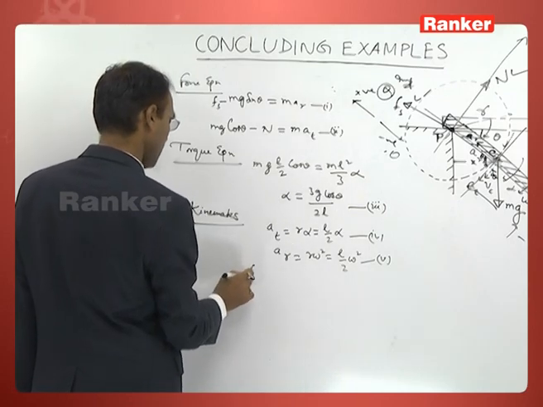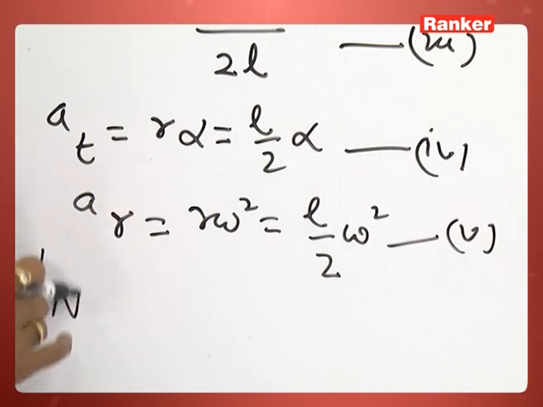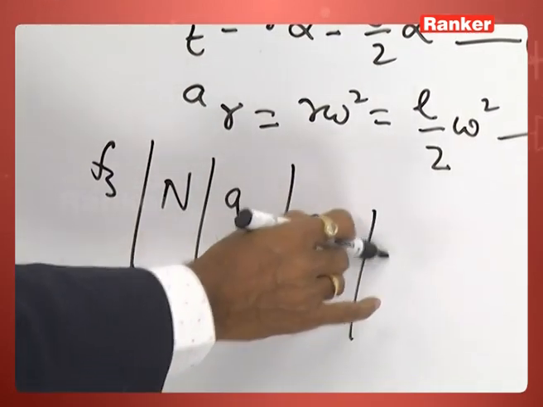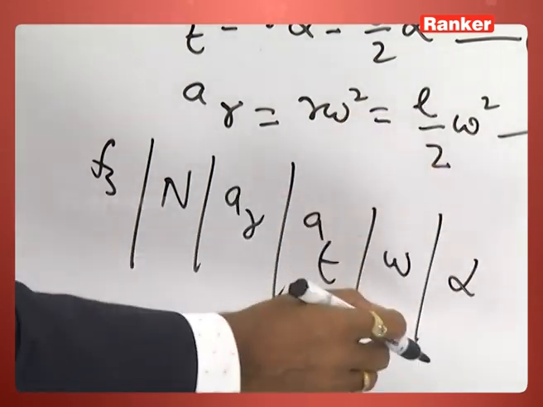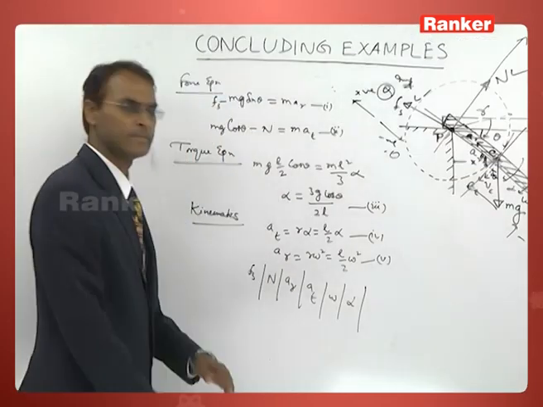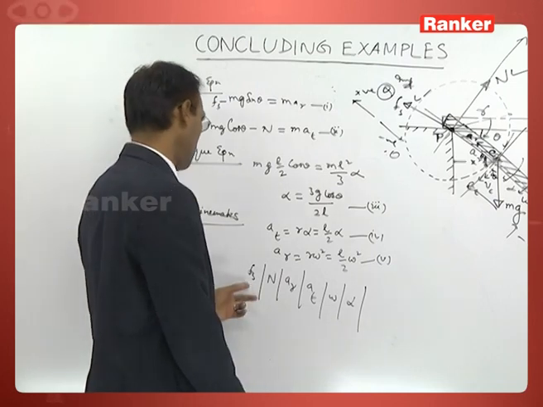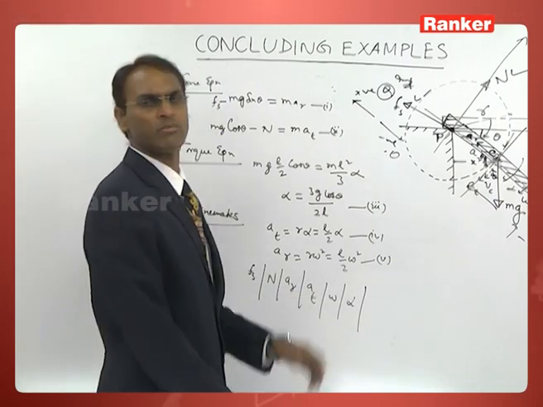They are Fs, N, AR, AT, omega, alpha. One, two, three, four, five, six unknowns.